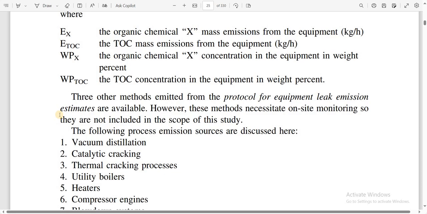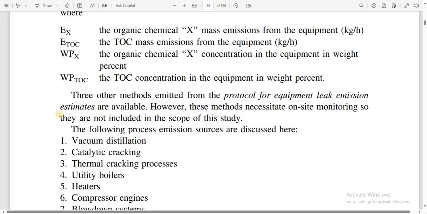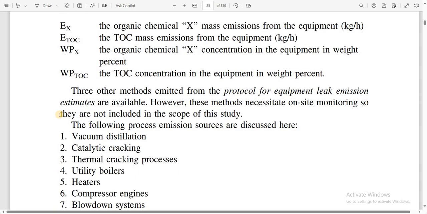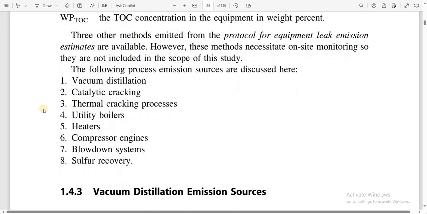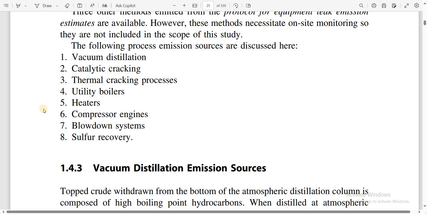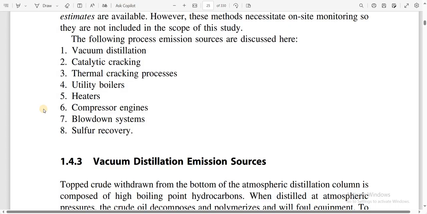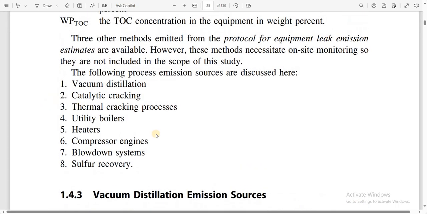Three other methods from the protocol for equipment leak emission estimates are available. However, these methods necessitate on-site monitoring, so they are not included in the scope of this study.